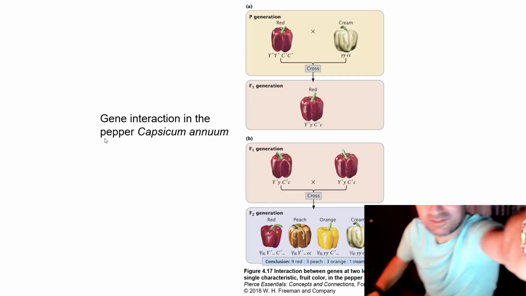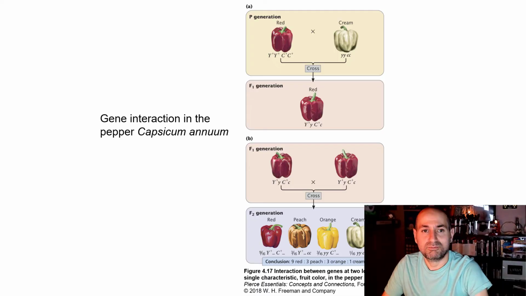All right. Now, with his support, we will get through this example of gene interaction with the pepper Capsicum annuum. Now, here's an example of what I said, gene interaction. There's going to be a gene interaction that affects the color of this pepper. Notice that this is the P generation.